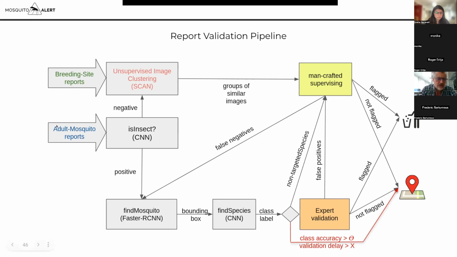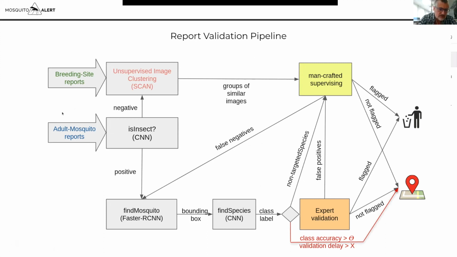And we are basically interested in those with images of adult mosquitoes. Our system is built up of three main filters. This one, which we call is insect, another one which we call find mosquito or cropper, and another one which we call find species.